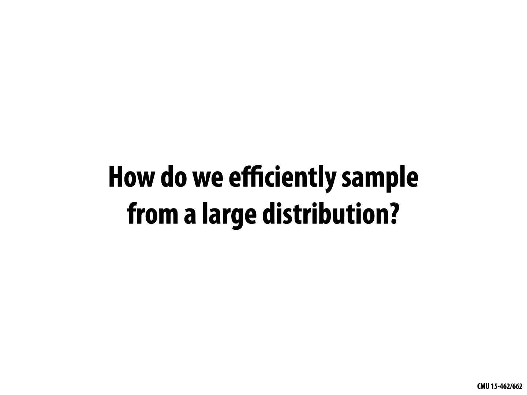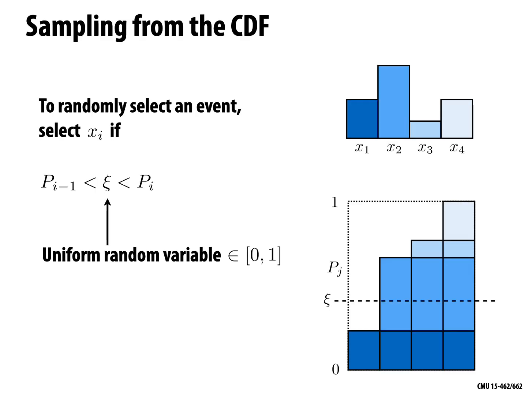Okay, finally, one thing we have to grapple with, especially in an example like this image-based lighting, is how do we efficiently sample from a large distribution? Right, if we're sampling from an image map that's providing lighting for the scene, we have a huge number of variables. So when we talked about sampling from a cumulative distribution function before, we had this inversion idea.